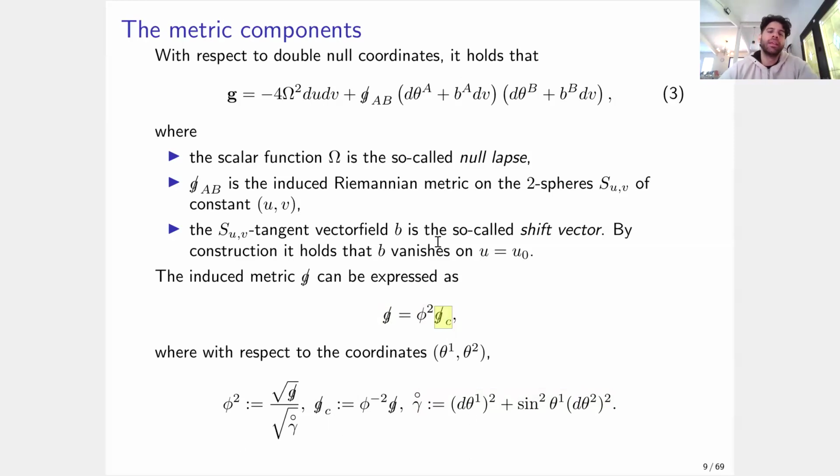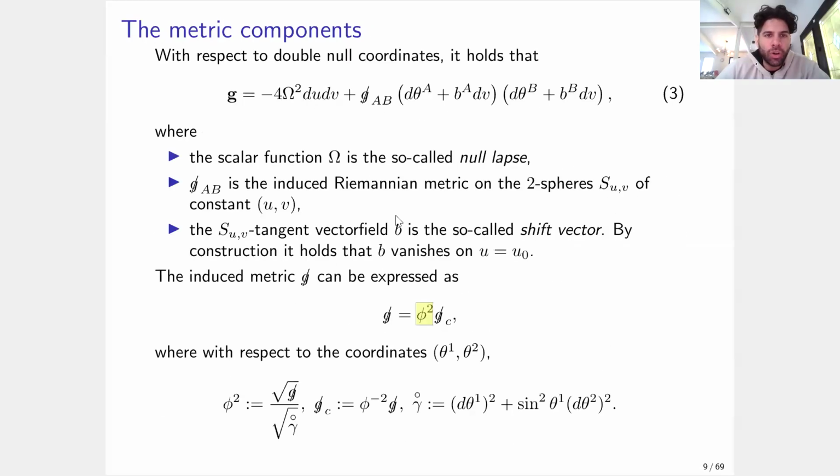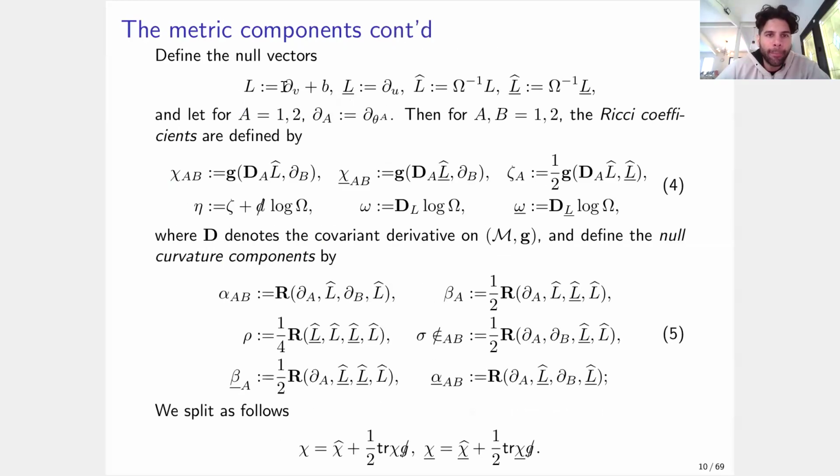And whatever is left, which is basically the conformal factor, is what you have here in phi. Given this coordinate system, of course, we have the coordinate vector fields. Here they are. And we have an associated frame, as we said, with which you can write the rest of your geometry.